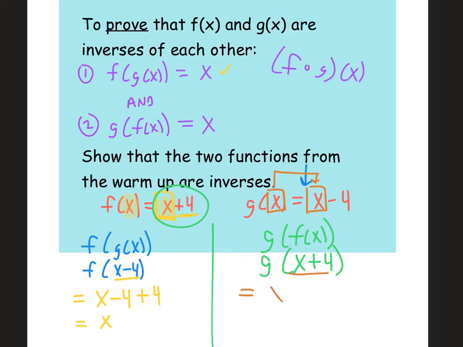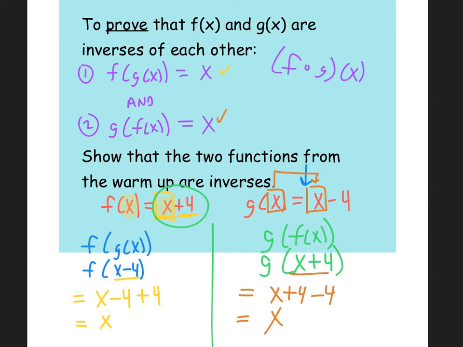So g of this is just this, and then minus 4. And x plus 4 minus 4 simplifies to just equal x. So we've shown both things are true. Both directions with the composition both equal x.